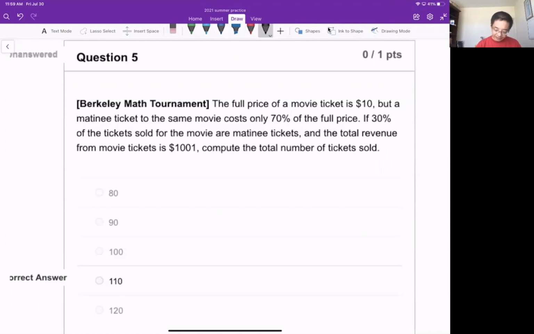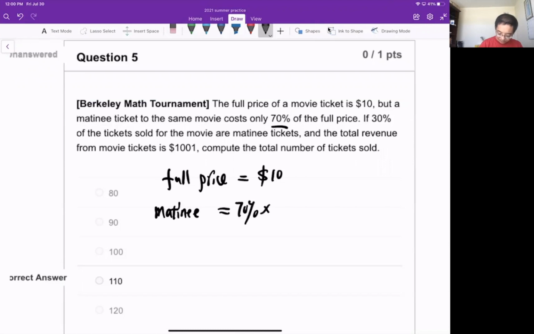Question number 5. The problem says the full price of a ticket equals $10. But if we have a matinee ticket, the price is only 70%, so it's 70% times 10, which is $7 each.